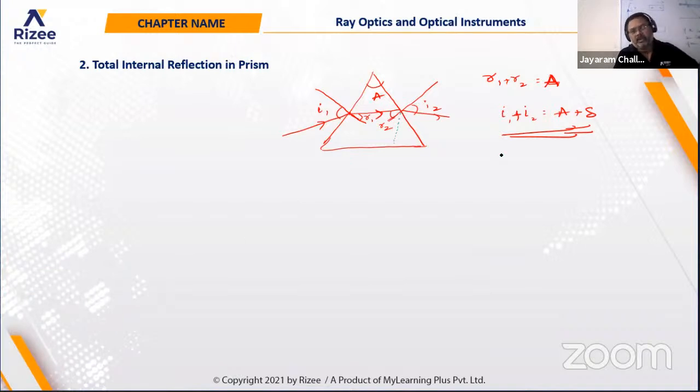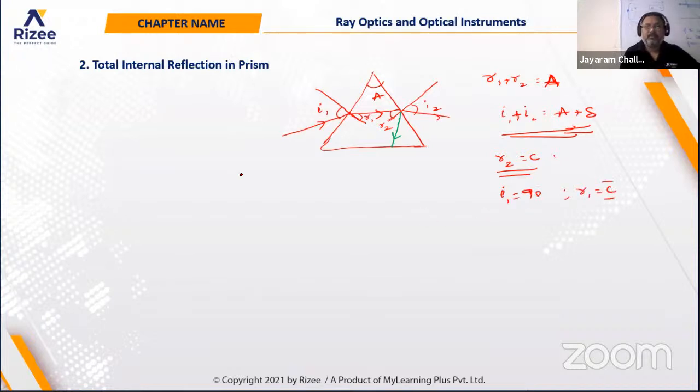For the light ray to come back like this, the value of R2 has to be the critical angle, that is, R2 should be equal to C. This can happen only if, for example, I1 is 90 degrees and R1 is also the critical angle.